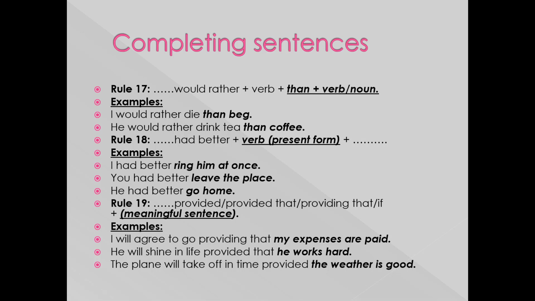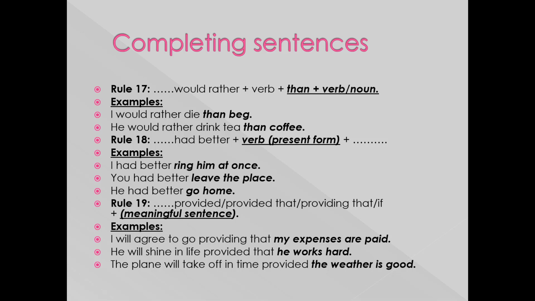So next rule, rule number 18, is had better. Almost similar to rule number 17. So what is the purpose of the use of had better? I'm telling you, we use this modal auxiliary in order to express some suggestion or advice.